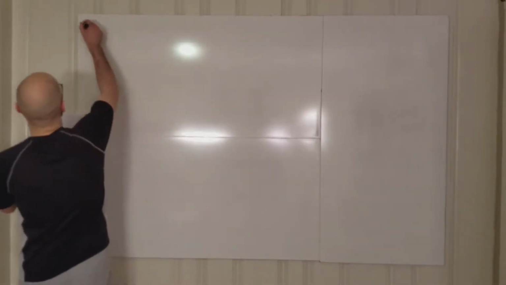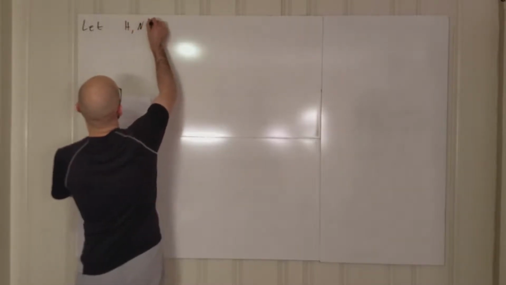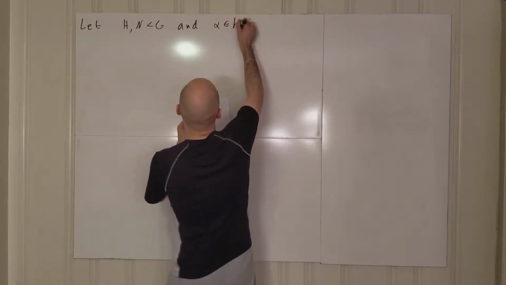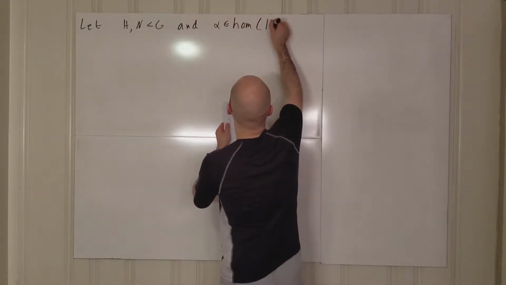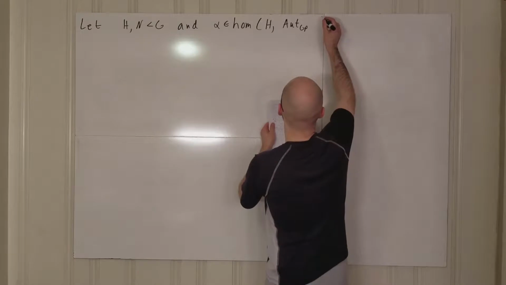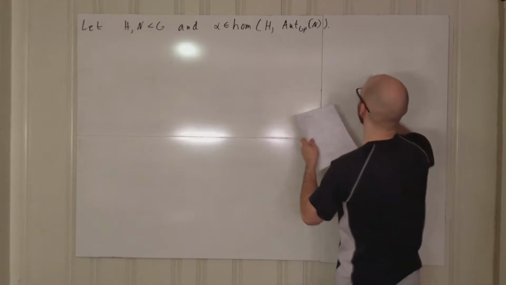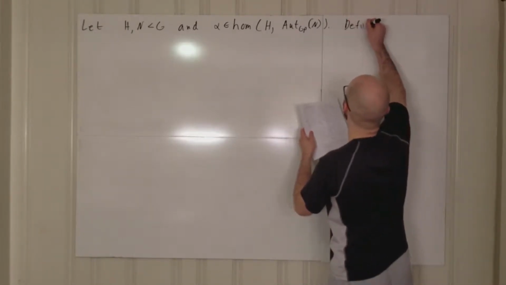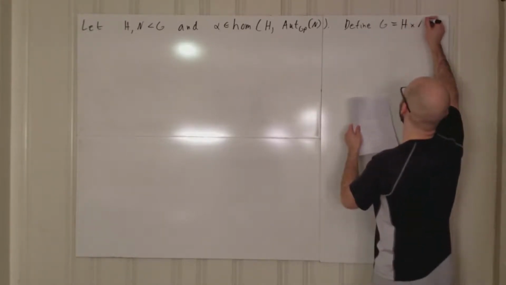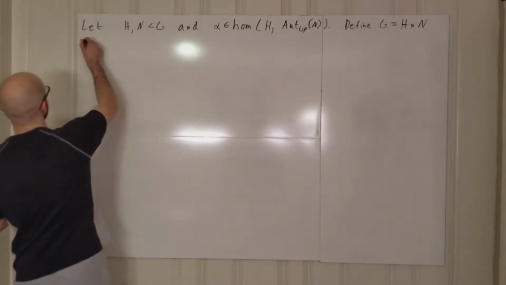We're going to let H and N be subgroups of G, and we're going to let alpha be a group homomorphism from the group H to the automorphism group, so I'll just say Aut, of N. So define G to be H cross N as a set.